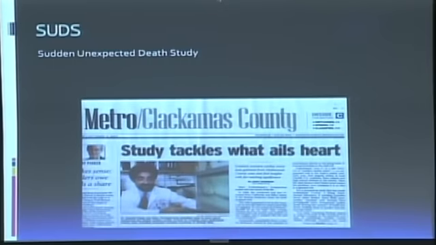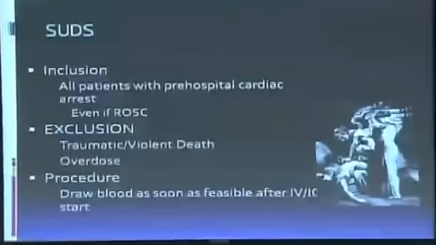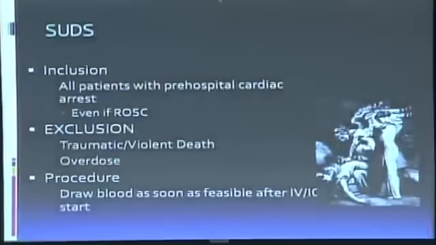Okay. A brief review of SUDS. This is a study to look for the genetic markers of sudden cardiac arrest. Any patient who has a pre-hospital cardiac arrest meets the inclusion criteria. As with ALPS, traumatic deaths or violent deaths are excluded. Overdoses are also excluded.